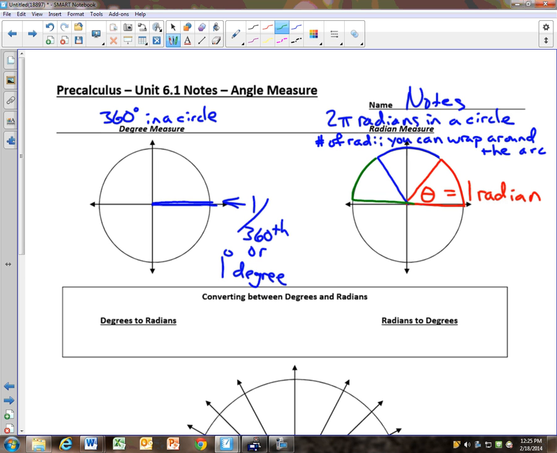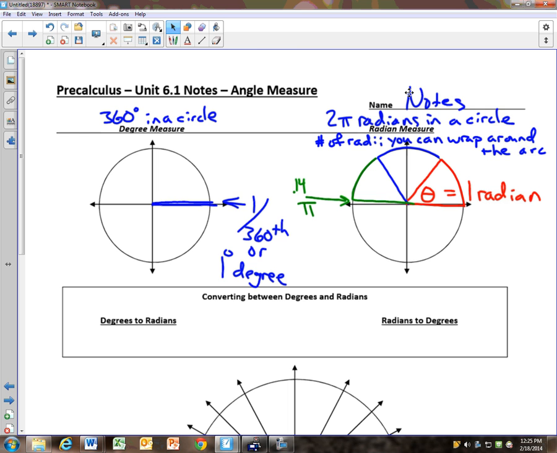In 180 degrees, are there more than 3 radians or less than 3 radians? There's more than 3 radians. You have 1, 2, 3, and then you have this sliver left over. That sliver is exactly 0.14 yada yada radians left over. Because how many radians fit in 180 degrees? Exactly pi.